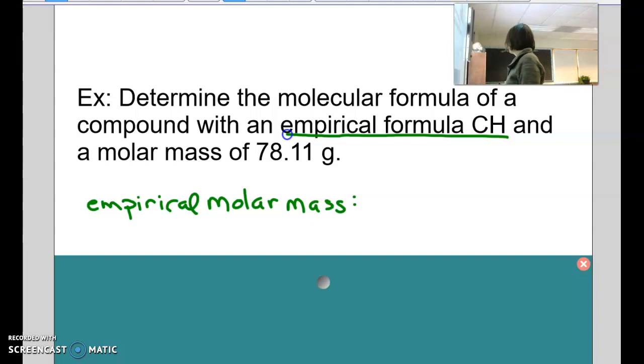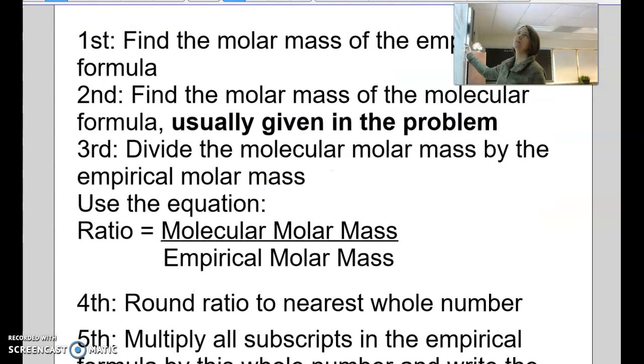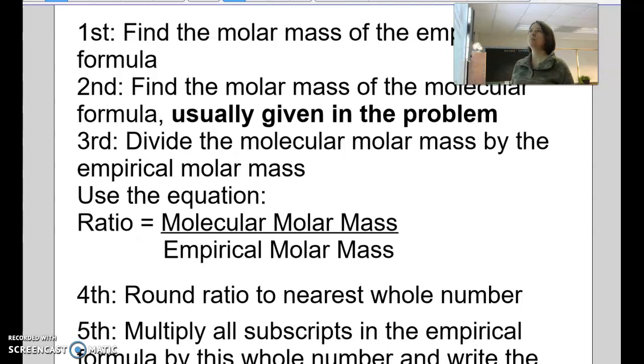So 1 carbon would be 12.01, and 1 hydrogen would be 1.01. So we should have 13.02 grams.